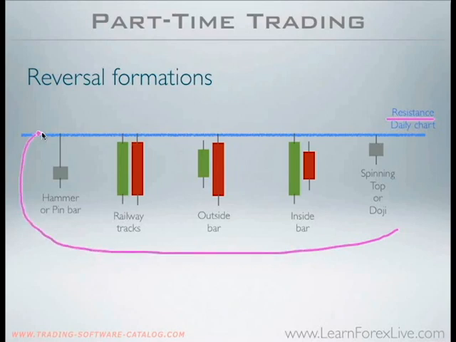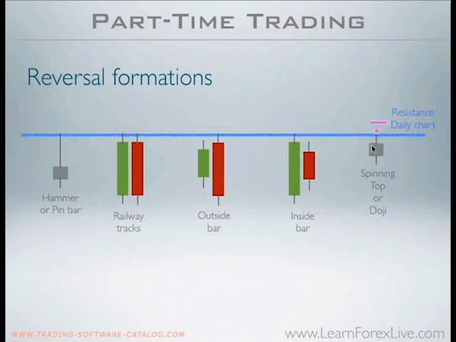We would just need to search for these formations above the support line instead of under the resistance line. And this line doesn't have to be a horizontal level of support and resistance. We can also find these formations at a diagonal level of support and resistance, meaning trend lines.